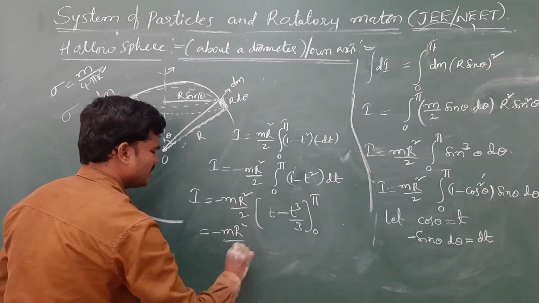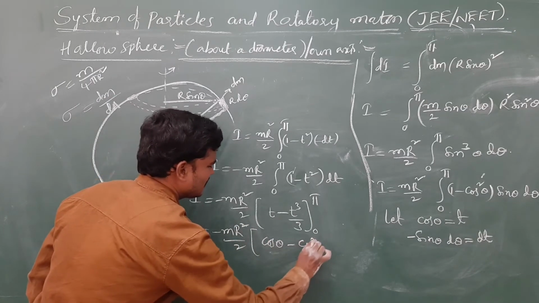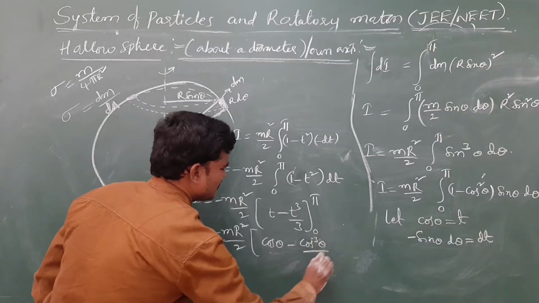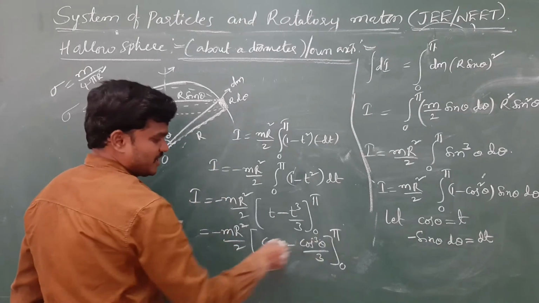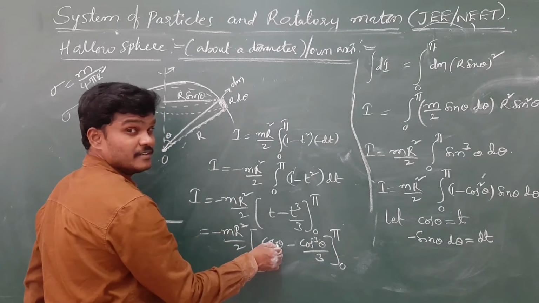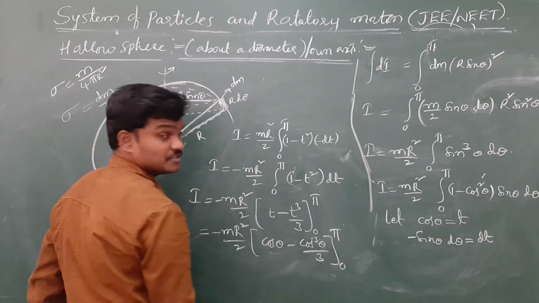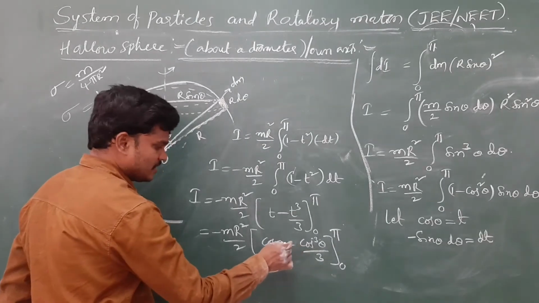But what is t? T is cos theta. So m r square by 2 times cos cube theta by 3, from 0 to pi. Substitute pi in these two terms: cos 180 is minus 1, and after that minus of cos 0, and cos 0 is also 1. Substitute these values, and you will get minus 4 by 6.